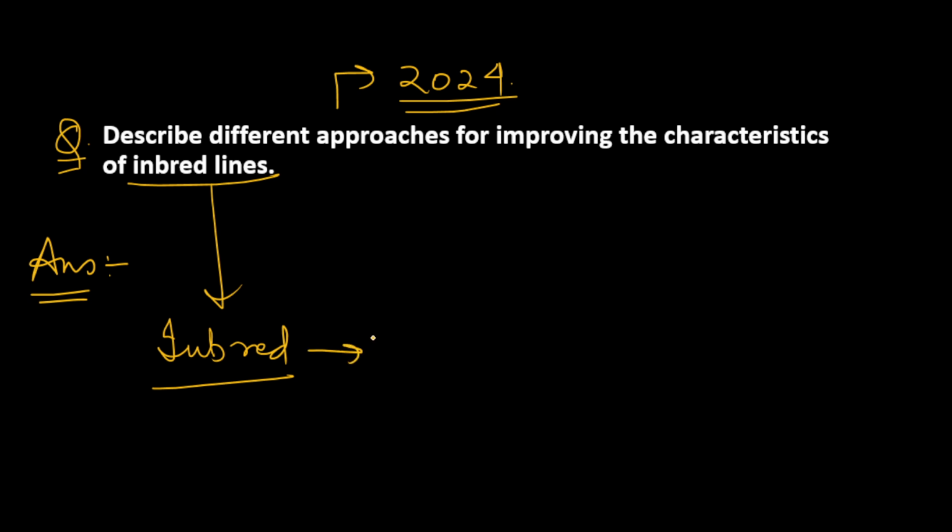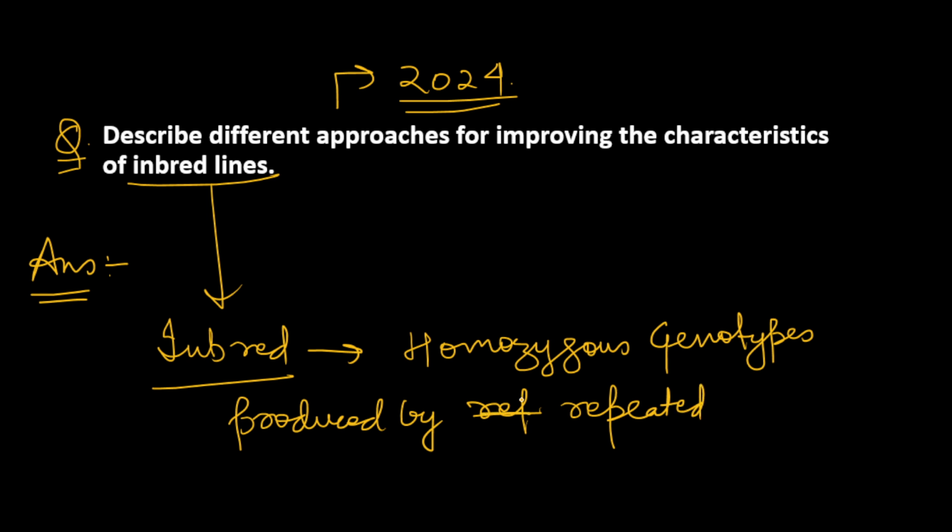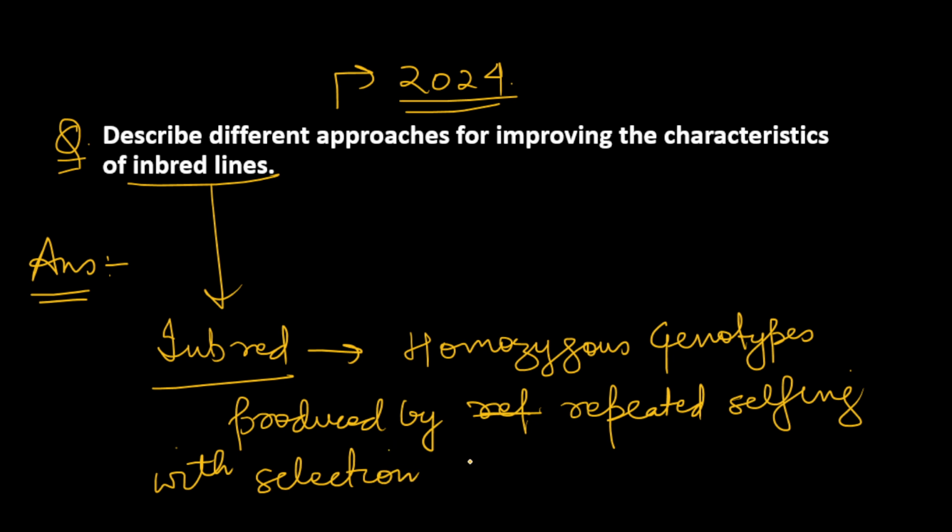Inbred lines are homozygous genotypes produced by repeated selfing with selection over several generations.